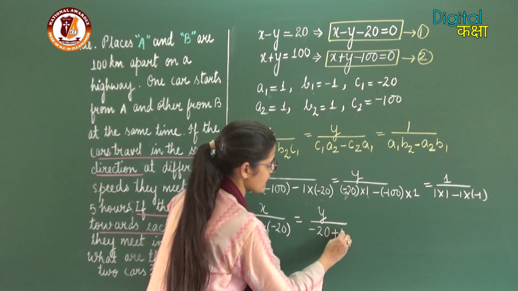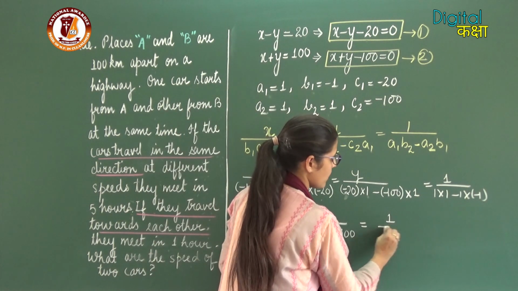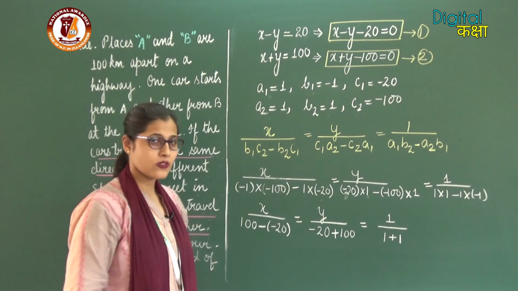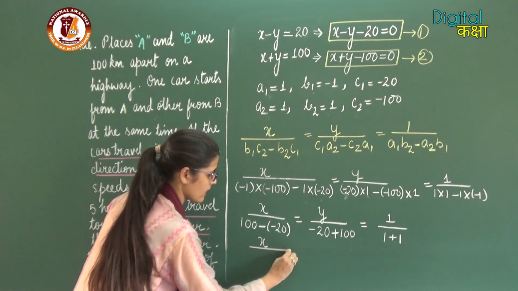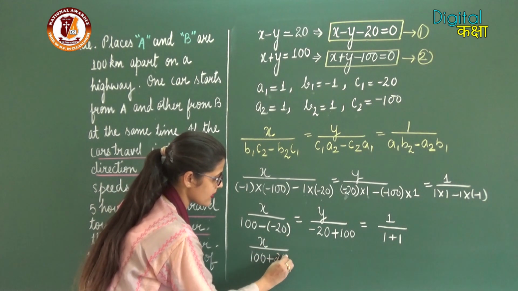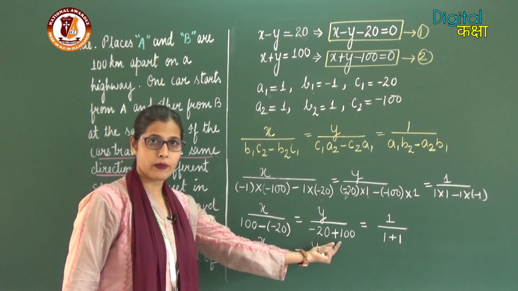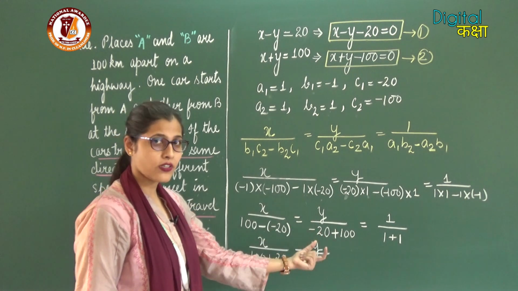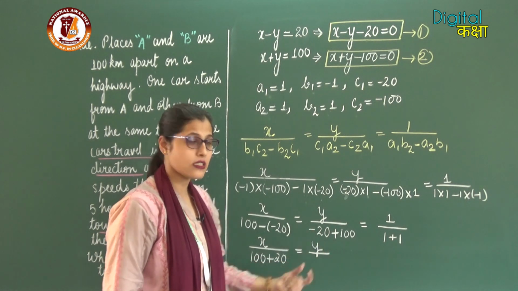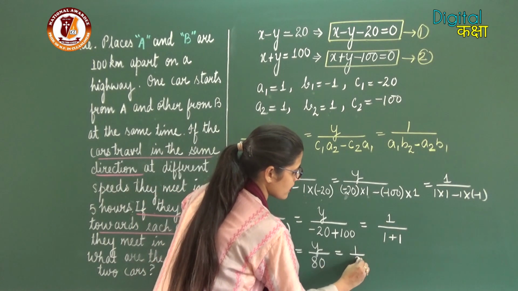So it will be +100 equals 1 upon 1 plus 1. So the next step is x upon 100 minus minus will be plus 20 equals y upon minus plus will be minus. So from 100 we will be subtracting 20. We will be getting our answer as positive 120 equals 1 upon 2.